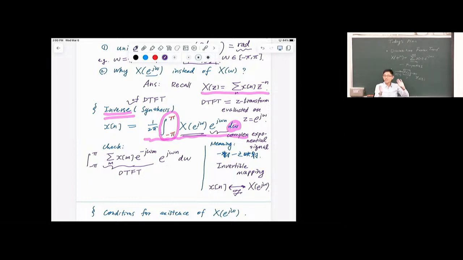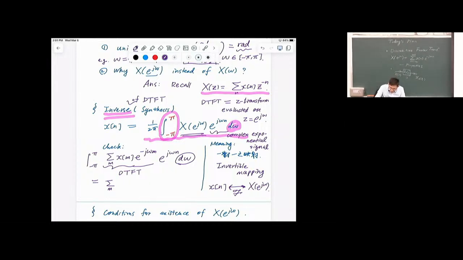Again, same idea, good old trick, right? Whenever you see a summation and the integral, we try changing the order. So it should equal the summation over n, and then we put anything that does not depend on omega to the outside of the integral.